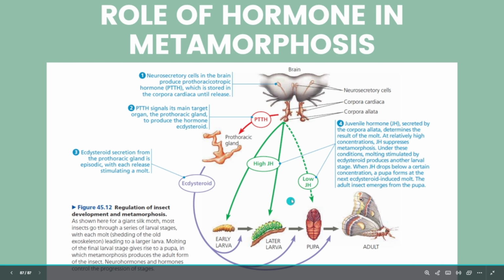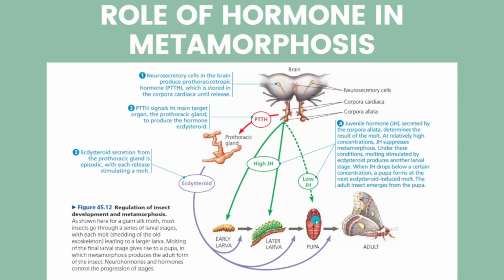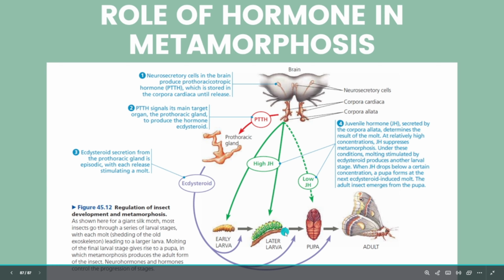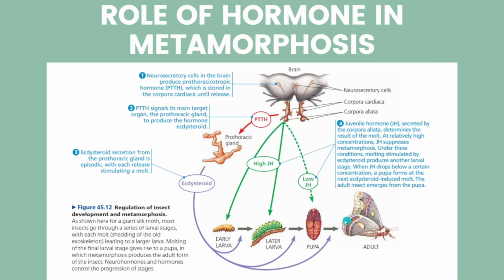During the larva stage, juvenile hormone is high in concentration. When reaching the pupa stage, it starts to decrease, and ecdysone will then induce not only molting but also metamorphosis. As the insect develops into pupa and then adult, juvenile hormone keeps decreasing, and in the adult normally there is no juvenile hormone anymore.